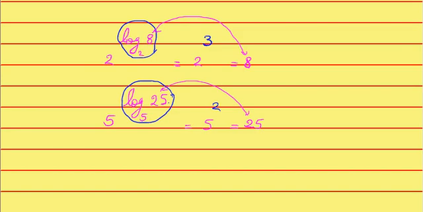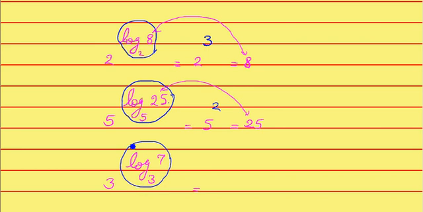So even if the numbers we are dealing with are not such friendly numbers, the answer will be obtained in the same way. Suppose I wanted to ask you, what is 3 raised to the power of logarithm of 7 in base 3? Now in this case, we don't have the luxury of being able to calculate this easily. What's the logarithm of 7 in base 3? It is some number, but not a friendly number. But that's not necessary.